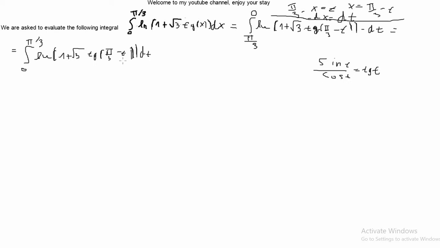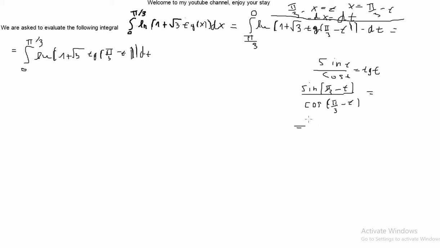So when we have pi over 3 minus t, it's the same as putting sine of pi over 3 minus t over cosine of pi over 3 minus t.